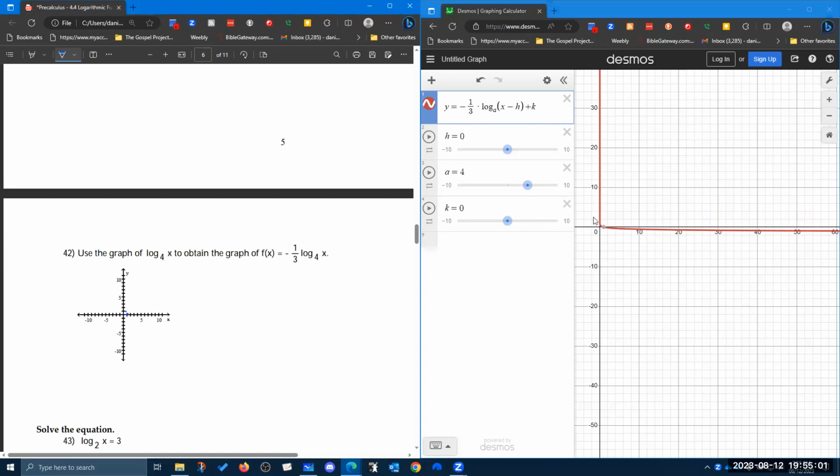Log base 4 of 4 is 1, and 1 times negative 1/3 is a negative 1/3 down there. We have our vertical asymptote here at x equals 0. We have a function that is going to go like so.